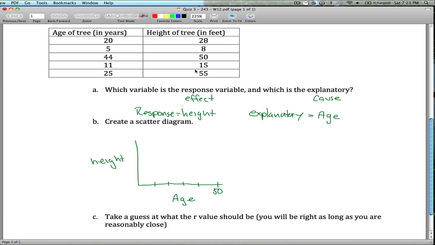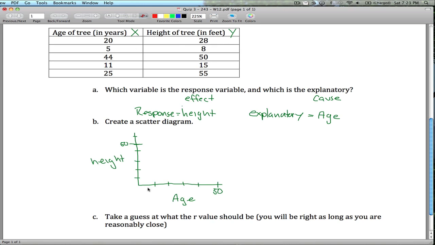And height goes up to 55, so I guess same thing in tens, 10, 20, 30, 40, 50, 60. And then just plot these points.